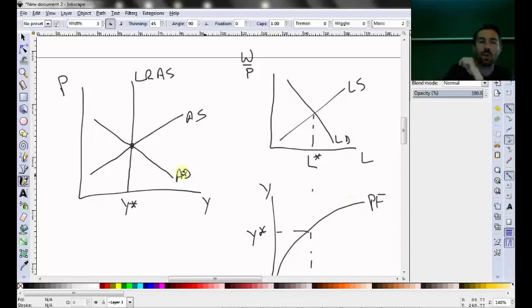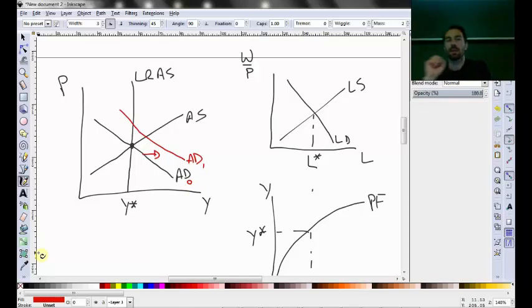Now, the classical story says the following. When I have an increase in aggregate demand, so my aggregate demand increases from AD0 to AD1, classical economics says as soon as that happens, laborers go, hang on a minute, prices are increasing. We can see that prices are increasing. If prices everywhere else are increasing, what do you think we're going to do when we're working?